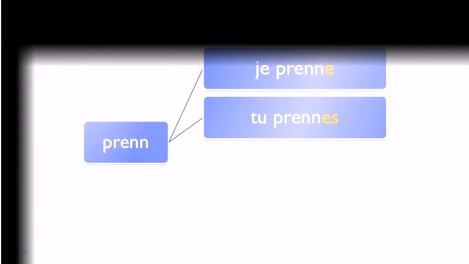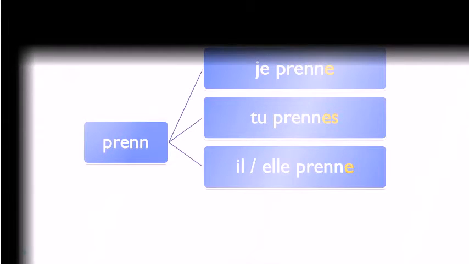And so what we'll do is we'll take this first part, okay, so the part that we took away from this ils form, all right, and then we'll put je. Je, so we take it back, have a look, it goes here, and we put the ending. The ending for je will be, okay? The ending for tu will be es.